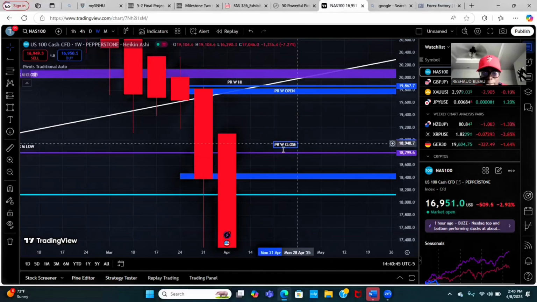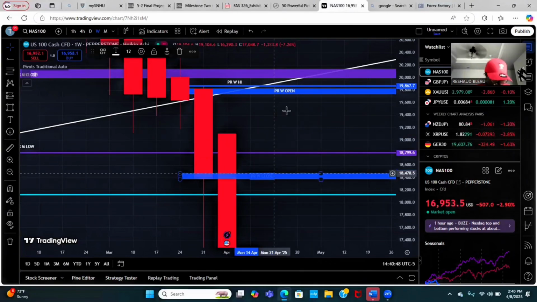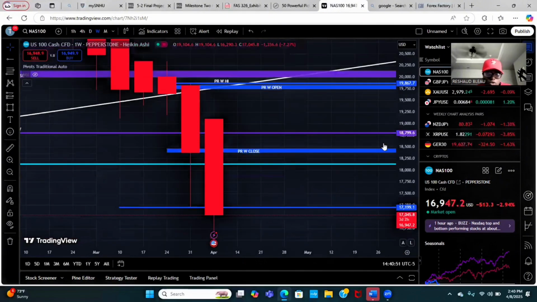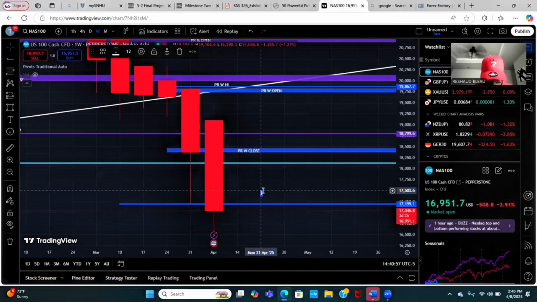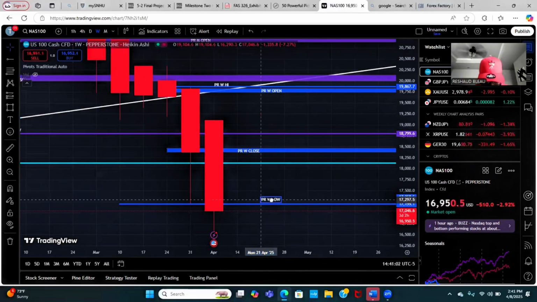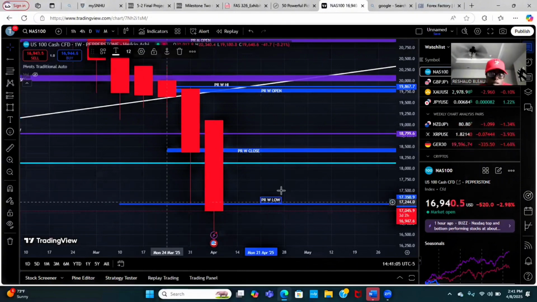And this is my technique. Everybody has different strategies. This is what works for me, so you don't have to do it. I'm just showing you what works for me. And it's the previous weekly low.